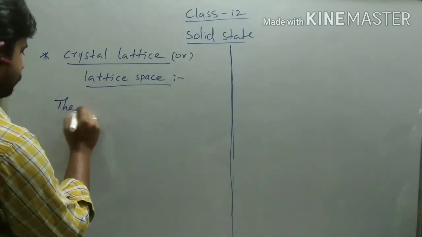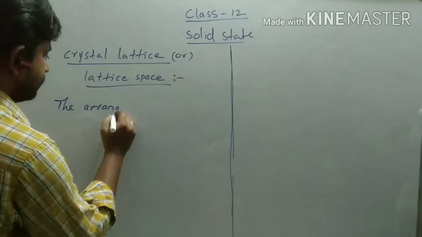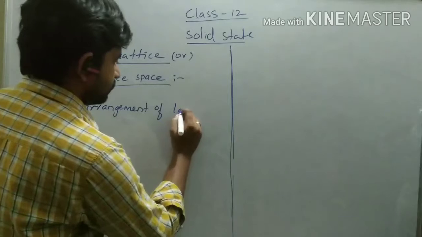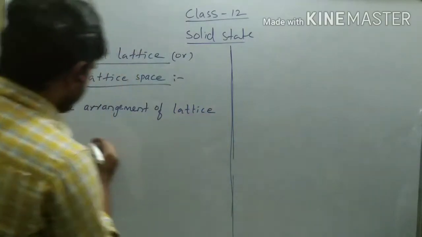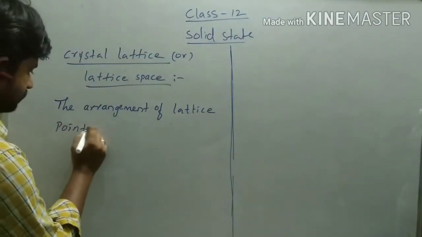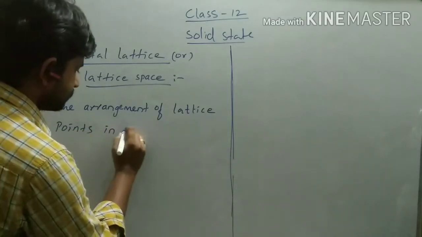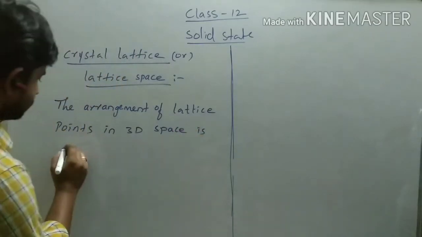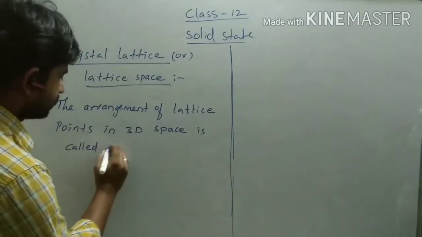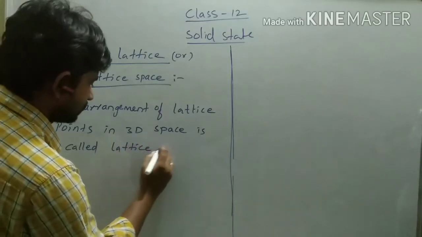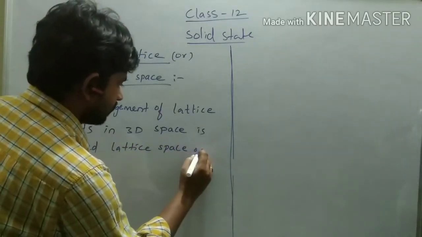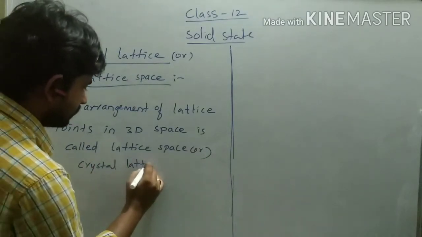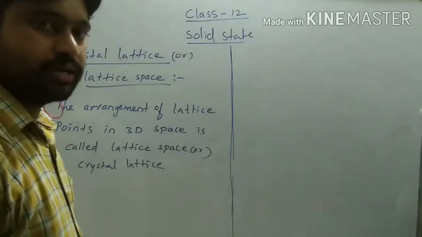The arrangement of lattice points in three-dimensional space is called lattice space, or crystal lattice.